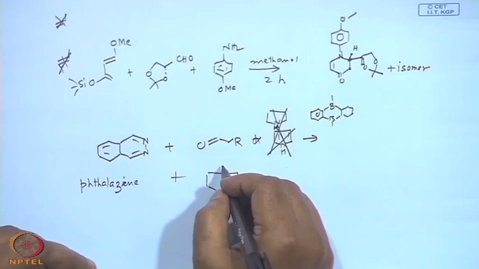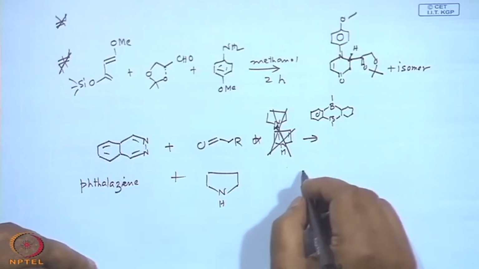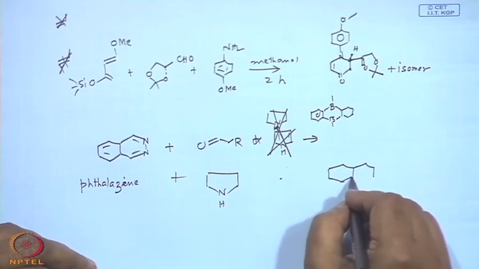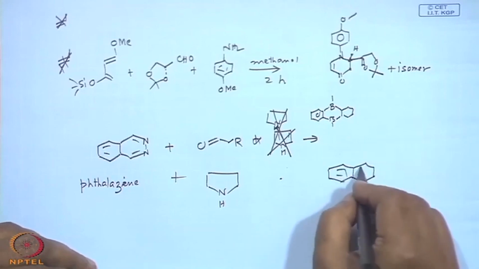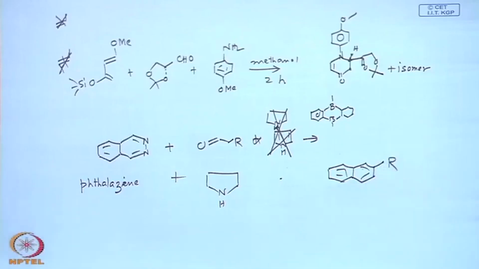So that electron deficiency has to be compensated by the other part, and in this case the enamine is electron rich by virtue of interaction of the nitrogen lone pair with the double bond. So, the end product here, after a little bit of work, you will find this R, just naphthalene. It is a reverse way now. Heterocycles are being used for synthesis of carbocycles.